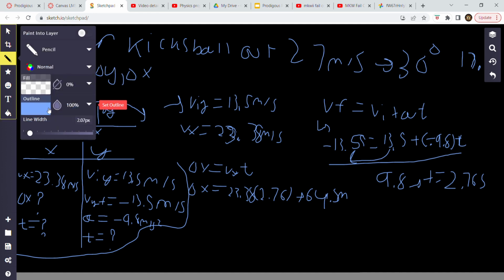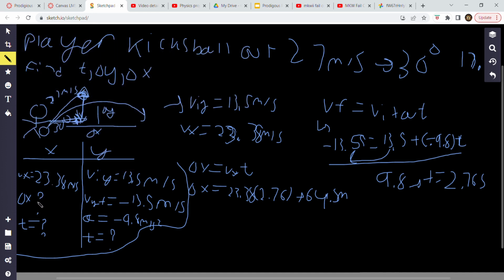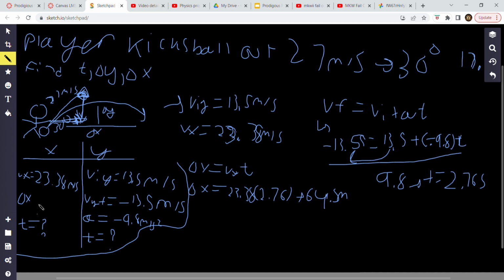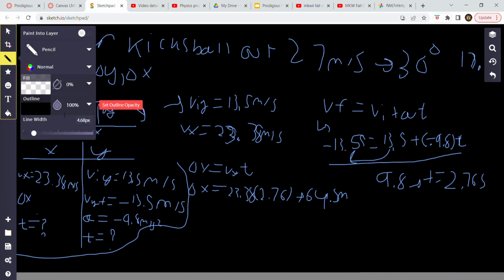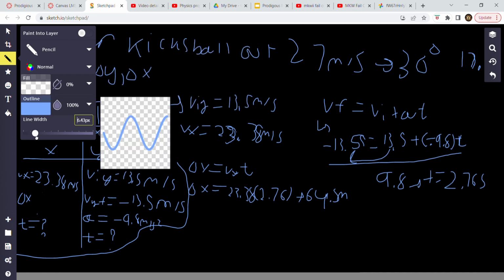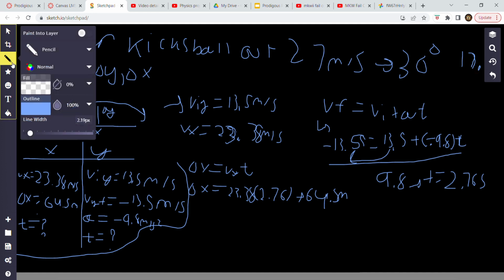So now we can just put it right here. Let me grab my little eraser real quick. Delta x equals 64.5 m, which is meters. So now I'm going to clear this work so that I can save some space for the last one.